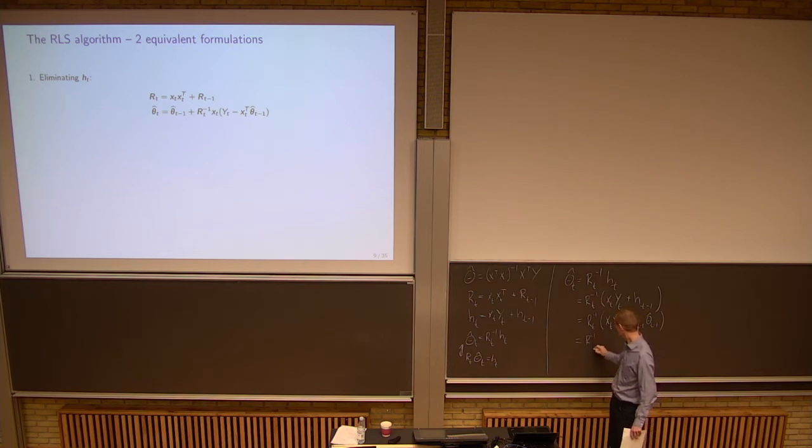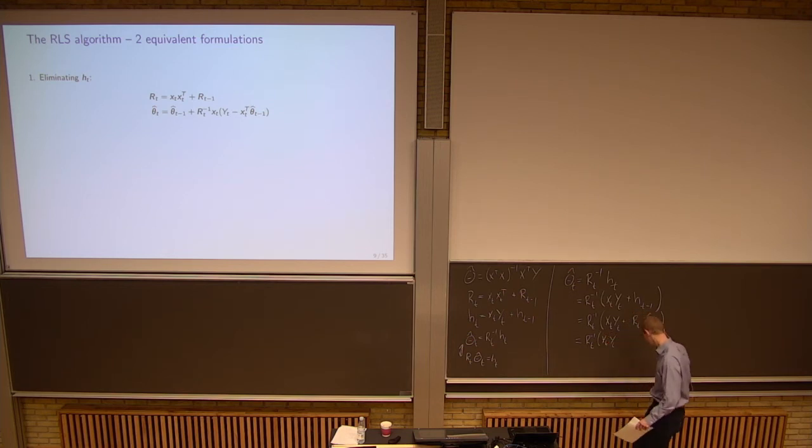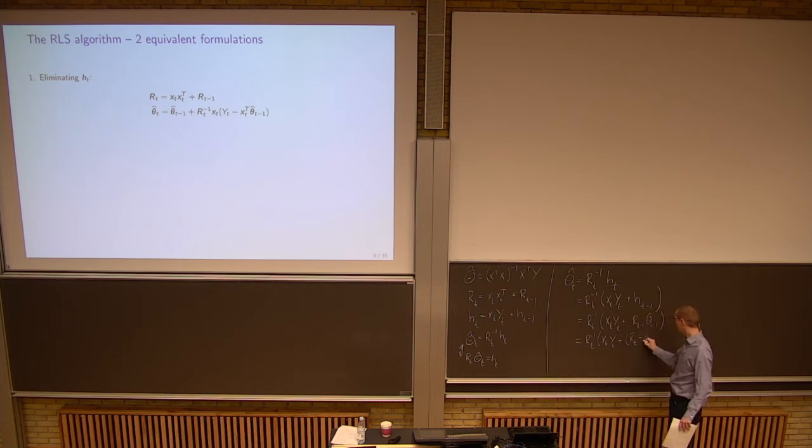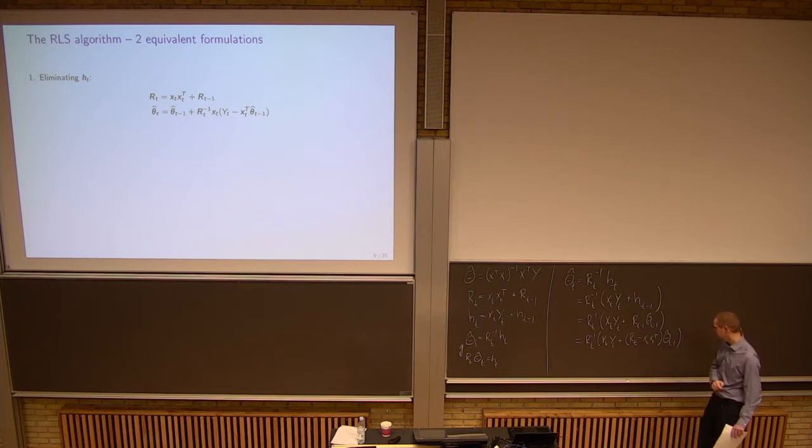So that gives me an R_t inverse times x_t y_t plus, in parenthesis, what we have there is R_t minus x_t x_t transpose, and then that should be multiplied on theta hat_{t-1}, parenthesis close.